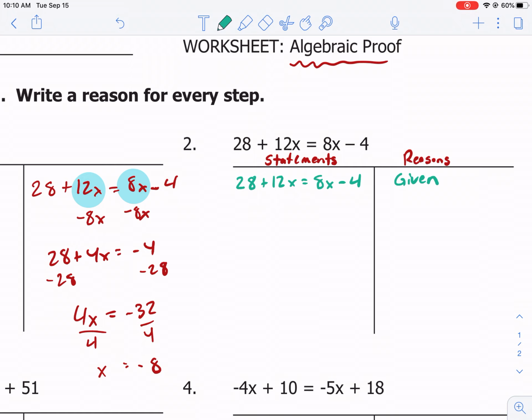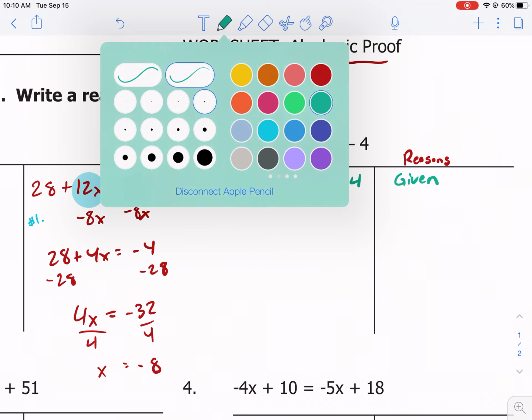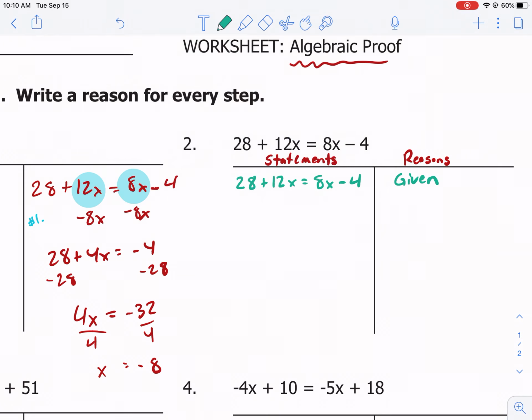This is our number 1. Our first step after the given was to subtract 8x from both sides. What did we get after we did that? We got 28 plus 4x equals negative 4. So we went from the given to number 2.